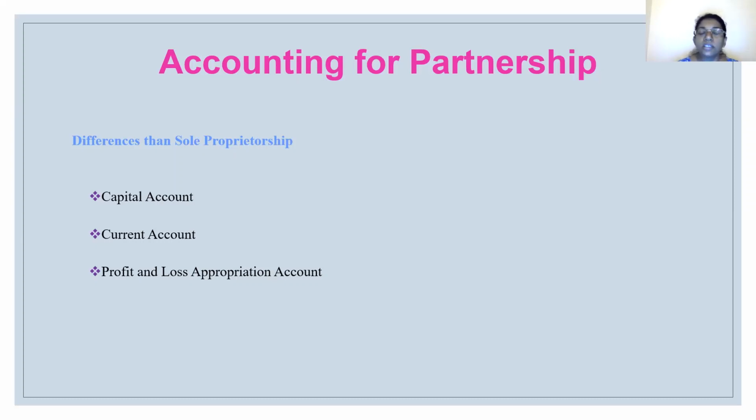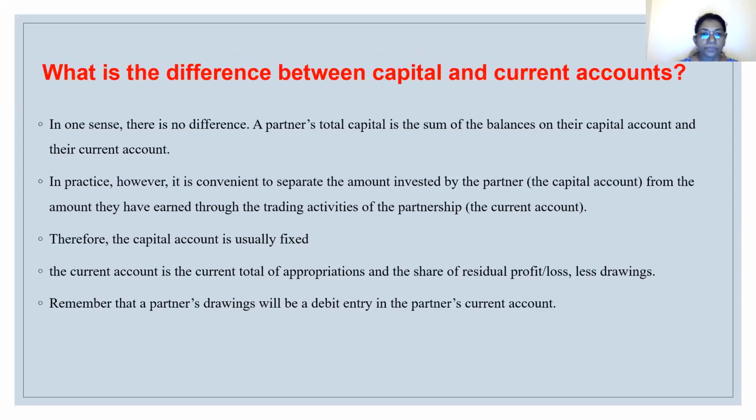But here, since there are many people involved, we can see three separate sets of accounts, new ones, right? So one is the capital account, in Sinhala you know it as Pragdana Ginuma, the current account, Jangam Ginuma, and finally the profit and loss appropriation account, Labha Ha Alabha Visarjana Ginuma. So these are the three types of accounts you can clearly identify in the partnership.